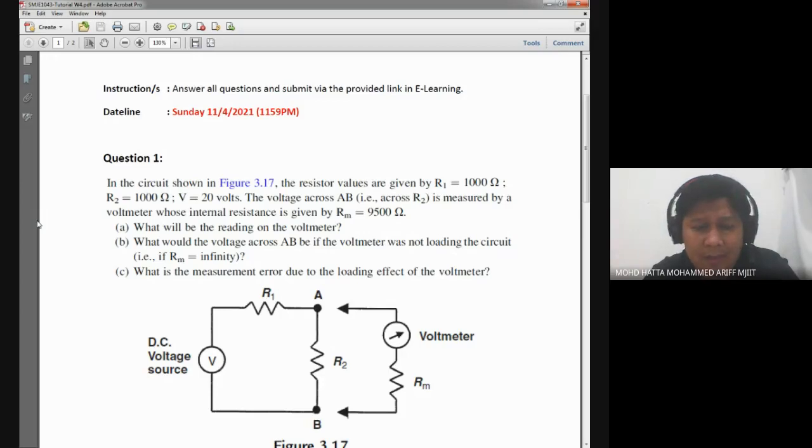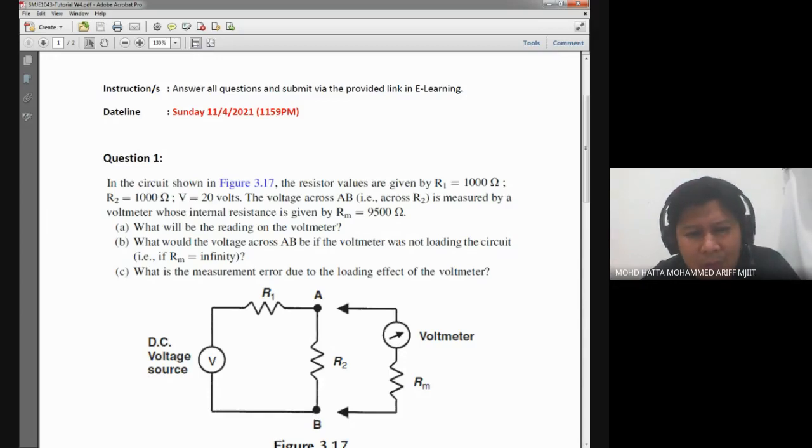By theoretical calculation, we try to use the voltage divider rule to get the voltage across R2.